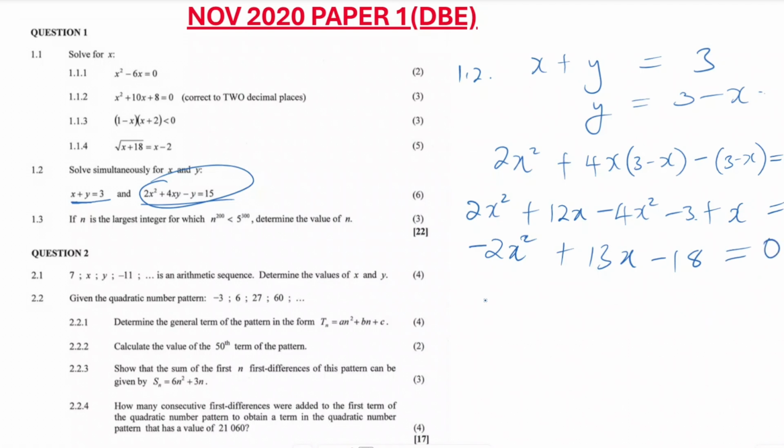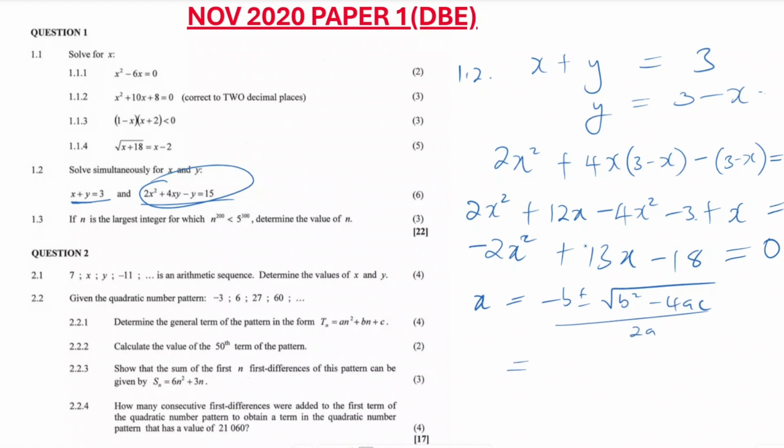We can use the quadratic formula because what I'm seeing here is like it will be difficult for us to factorize. So we can use the quadratic formula. X is equal to minus b plus or minus square root of b squared minus 4ac, then all over 2a.